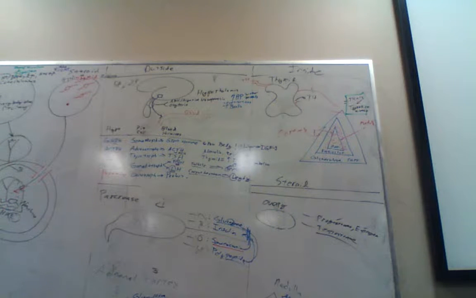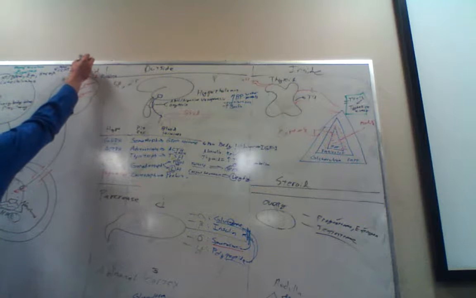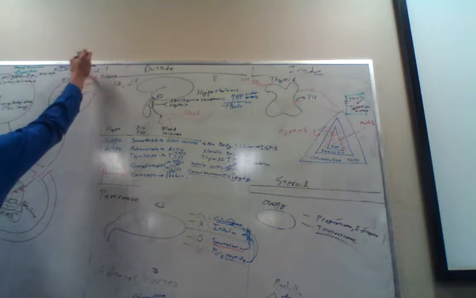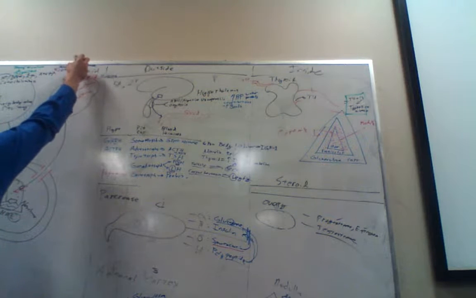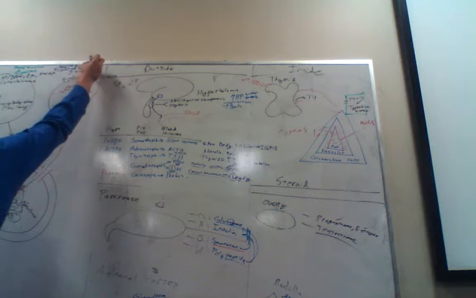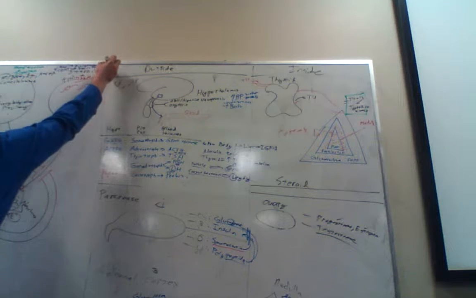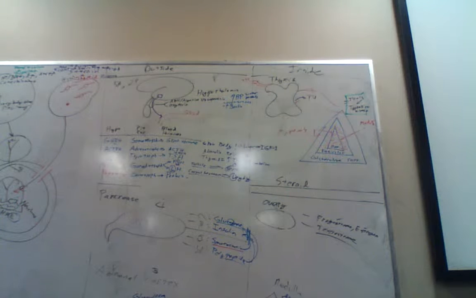COMT is not in nerve endings, but it's everywhere else. And they only break down epi and norepi.